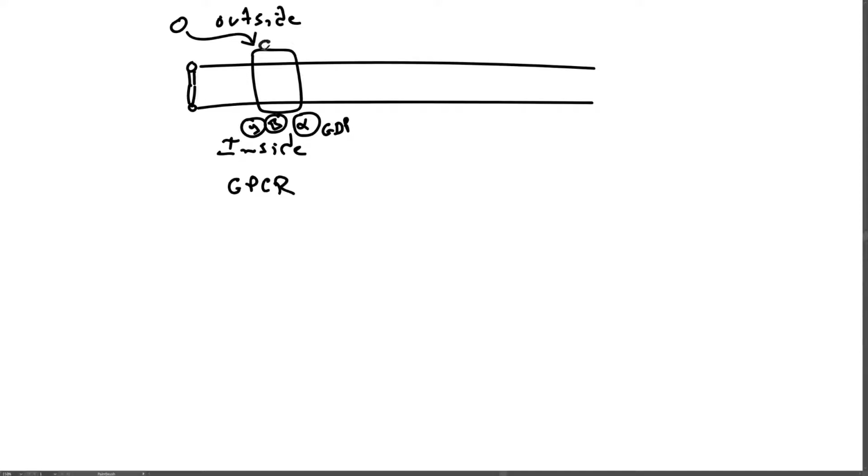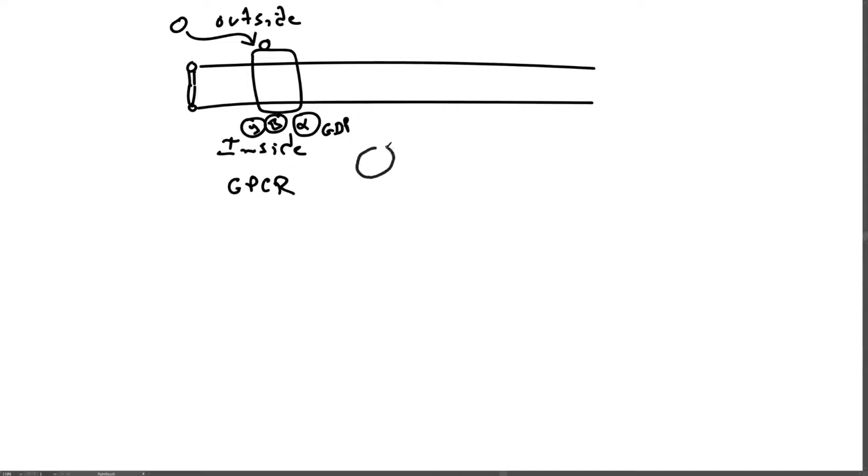that it causes a conformational change, which is a change in the shape. And the change in shape is conferred through the membrane, that is, the entire protein here kind of changes its structure, and that causes the alpha subunit to drop the GDP and associate with GTP and gets released.